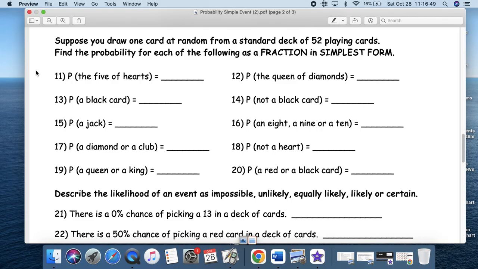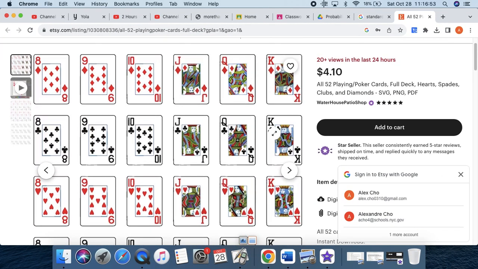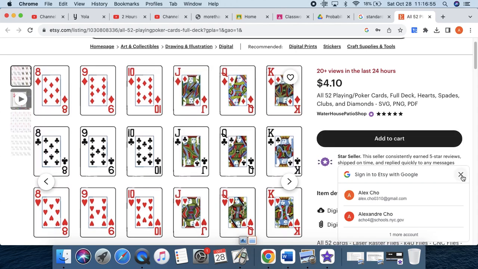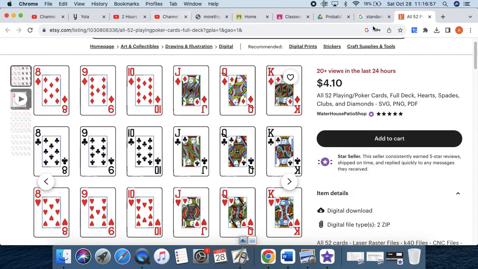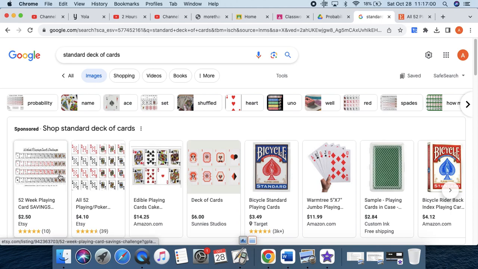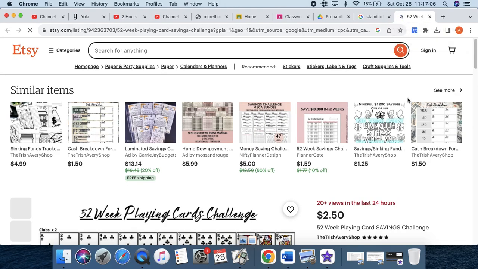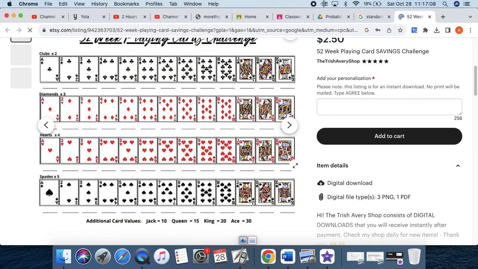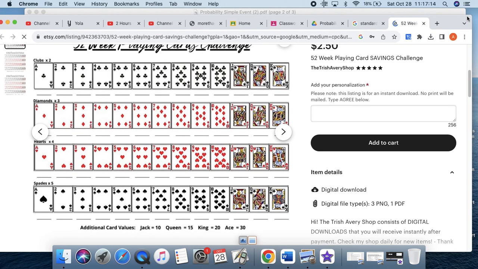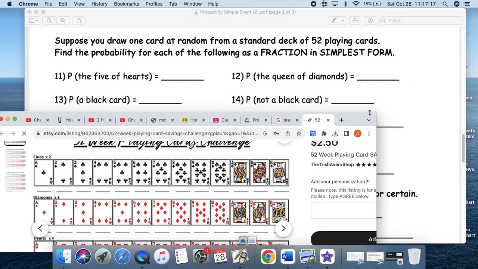You need to know what a standard deck looks like. Let's see if we can get a standard deck here. Alright, so here is our standard deck of cards, right? The clubs, the diamonds, the hearts, and the spades.